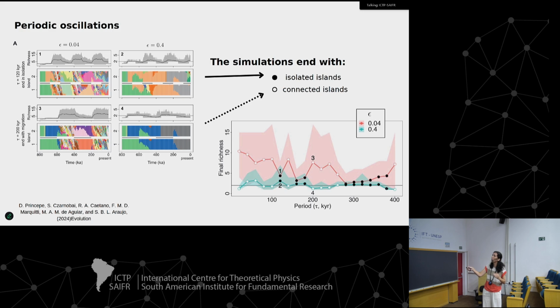So how long do we need to let them without the migration to have this? The shorter the time for having speciation, the better to increase the speciations. And the answer is yes.